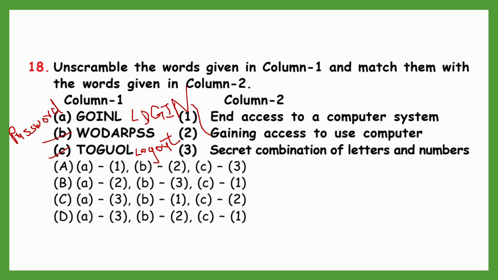So this is the option. Then password. Password is a secret combination of letters and numbers. Then what is logout? Logout, end access to a computer system. So which is the correct option? Option B.